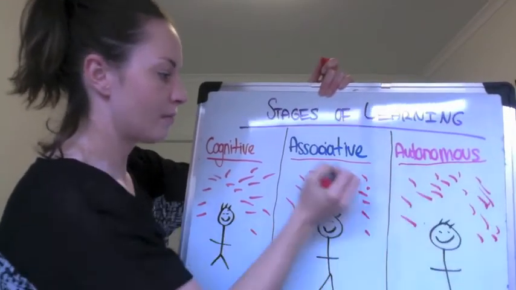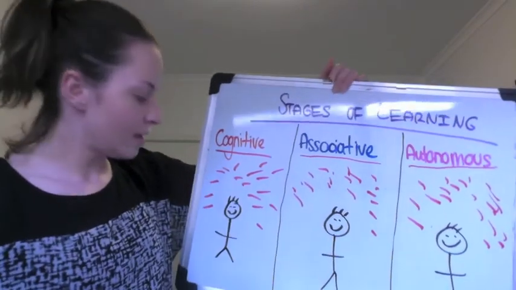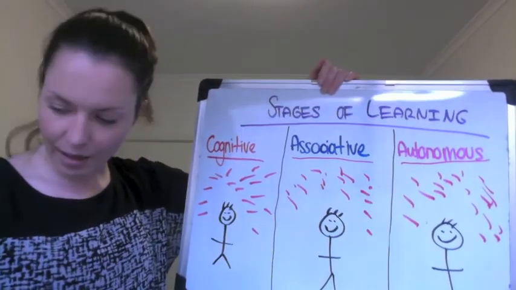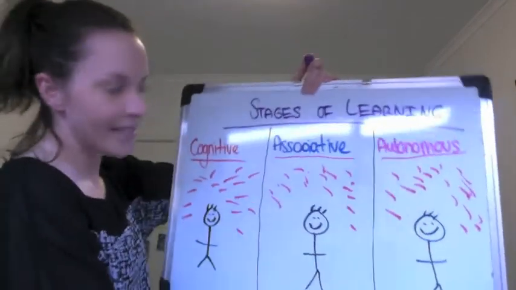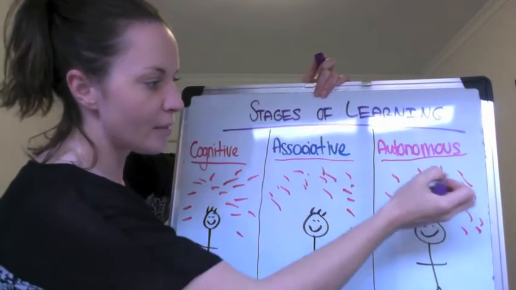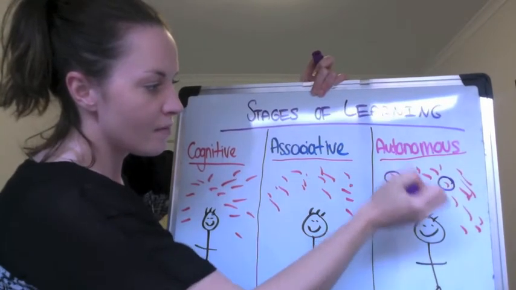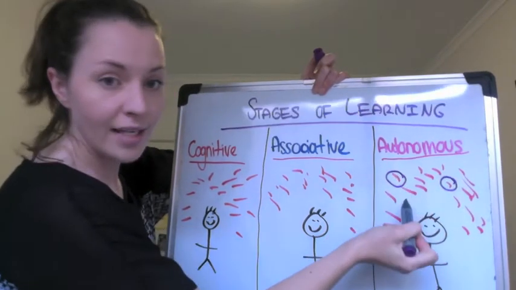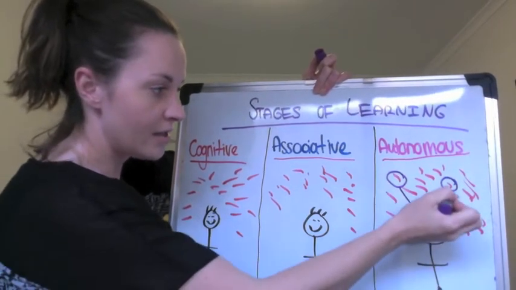However, one of the fundamental differences between player A, player B and player C is that player C, the autonomous player, is able to pick up on those appropriate cues which help them to make the correct decision about which movement pattern to use. Okay?